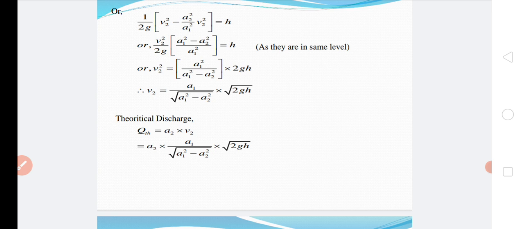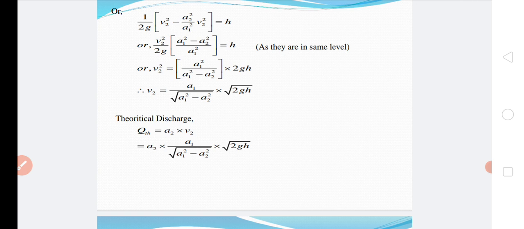So V2 square equals A1 square by A1 square minus A2 square into 2GH. So, V2 equals A1 upon root over A1 square minus A2 square into root 2GH.